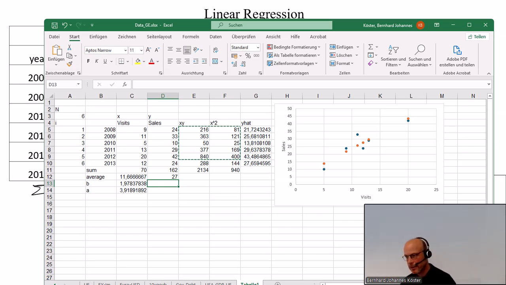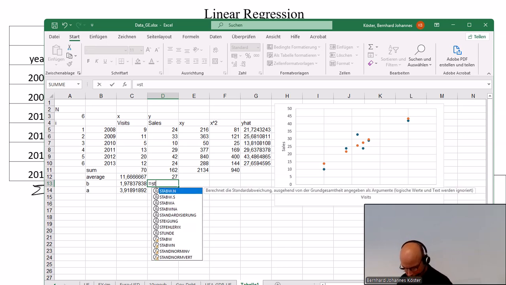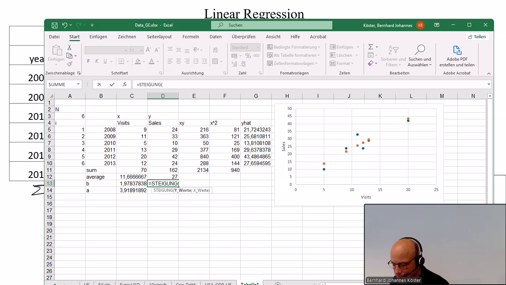I don't always want to switch to the English version of Excel because then I also have the problem between comma and dots providing the data. So the German word for slope is Steigung. And then you just see what you have to do.